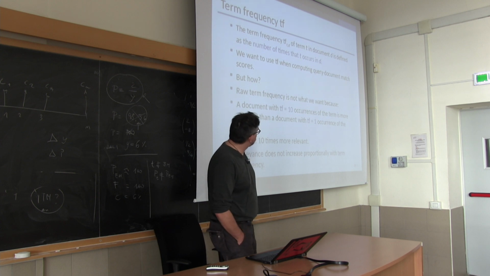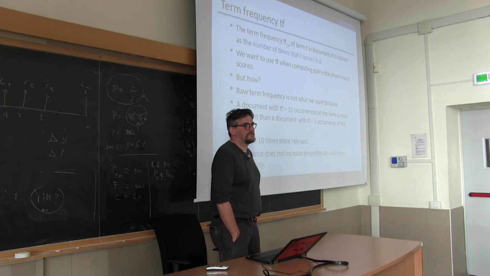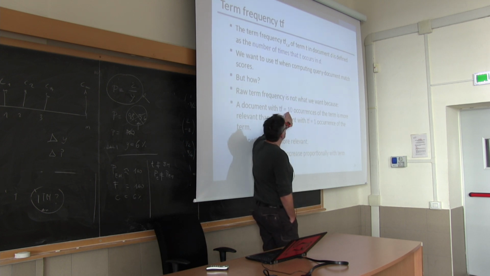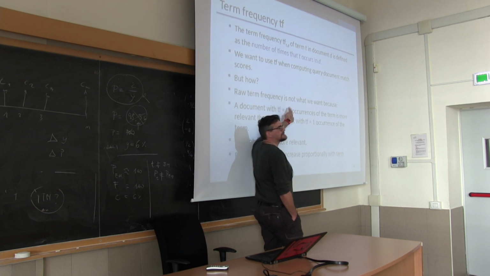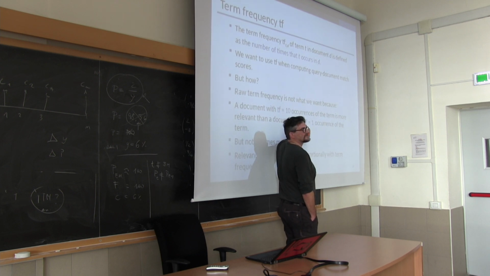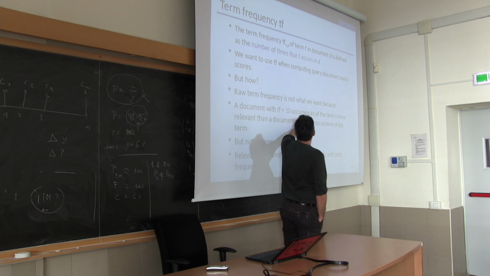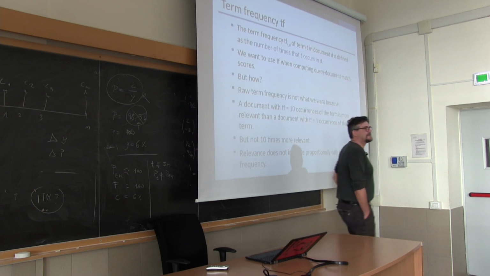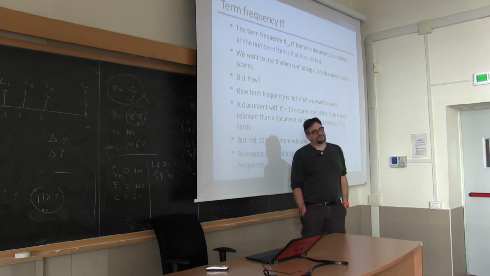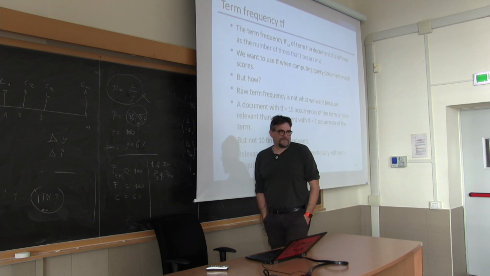We could use raw terms. Namely, we could say, again, that if a term occurs 10 times in a document, and in another document it appears only one time, then this document is 10 times more relevant than this one. But clearly, this is not true, right?